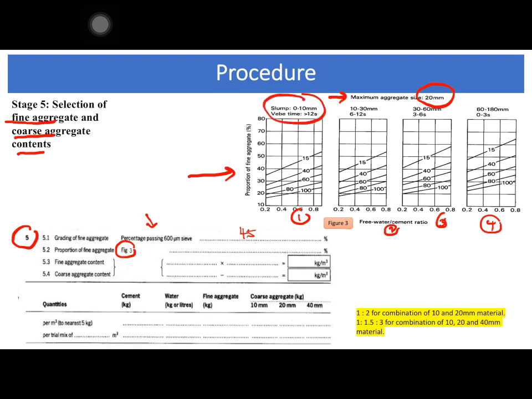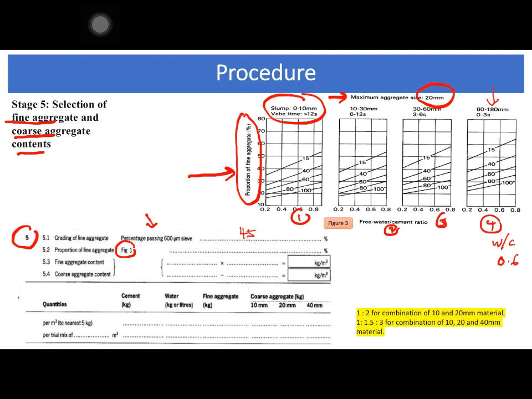Our slump height is in the last graph, 60 to 180 millimeter. What other info do we need? We need to know our water cement ratio, which for our test is 0.6. Now we need to determine the proportion for the fine aggregate.